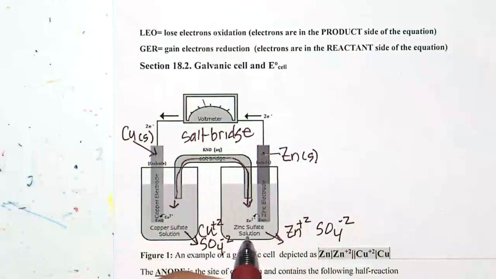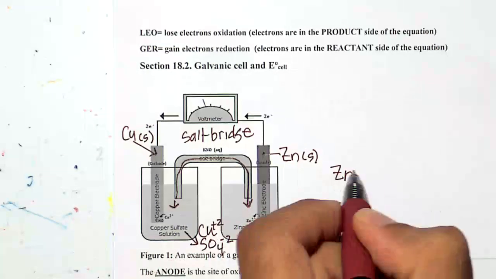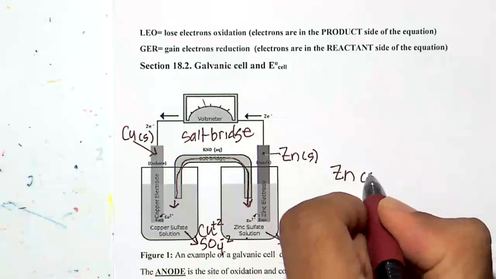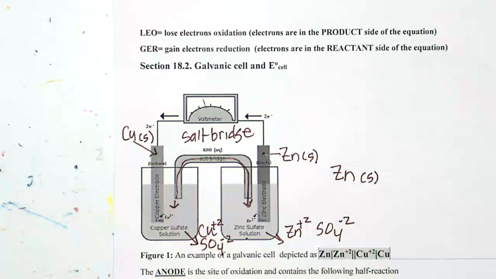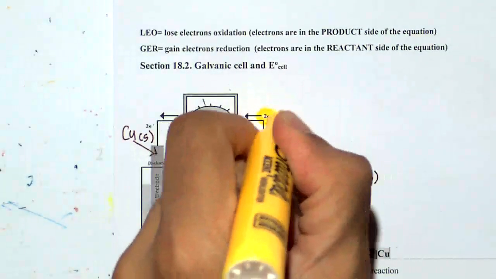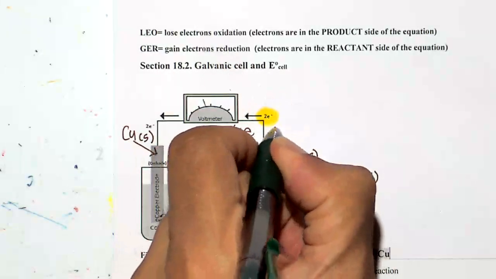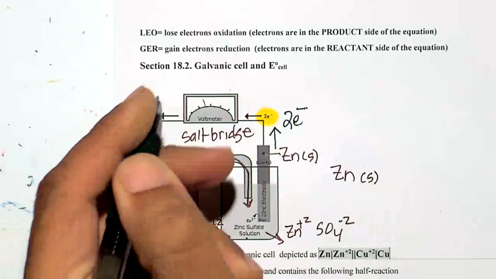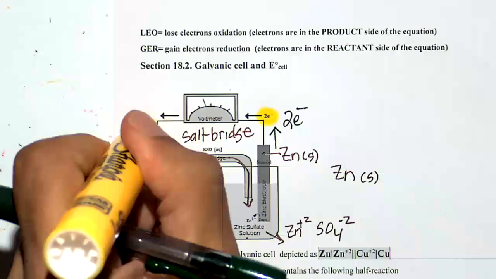But what happens is that this zinc solid in contact with this zinc sulfate will actually lose 2 electrons, okay? And the 2 electrons travel up this wire.